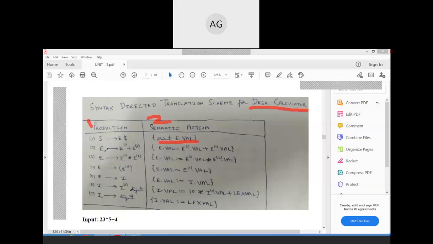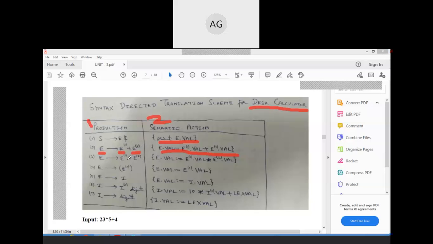Now the second production is E produces E plus E, and its semantic action is this. As you can see here, the left hand side E is different from the right hand side E. E1 is a subscript, but in order to differentiate it, the left hand side E is different from the right hand side E, and this E, abbreviated as E to the power 2, is also different from the other E's.